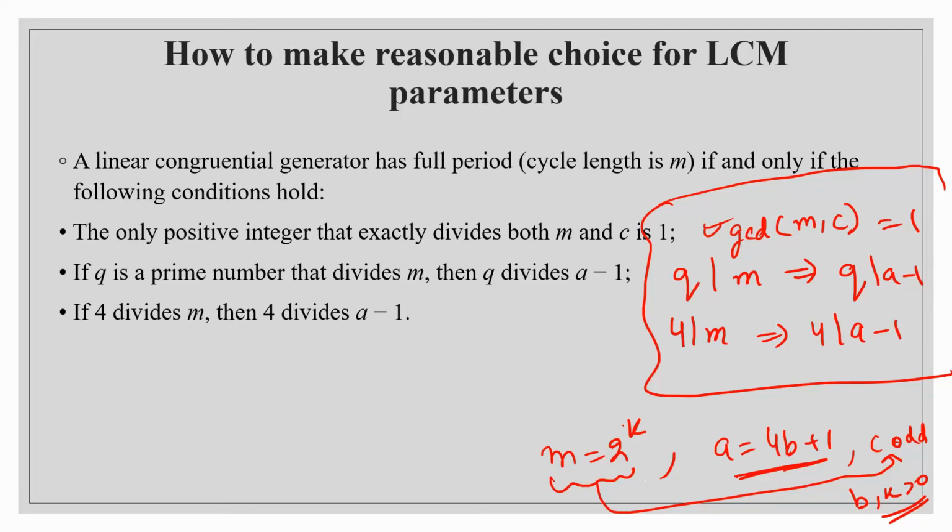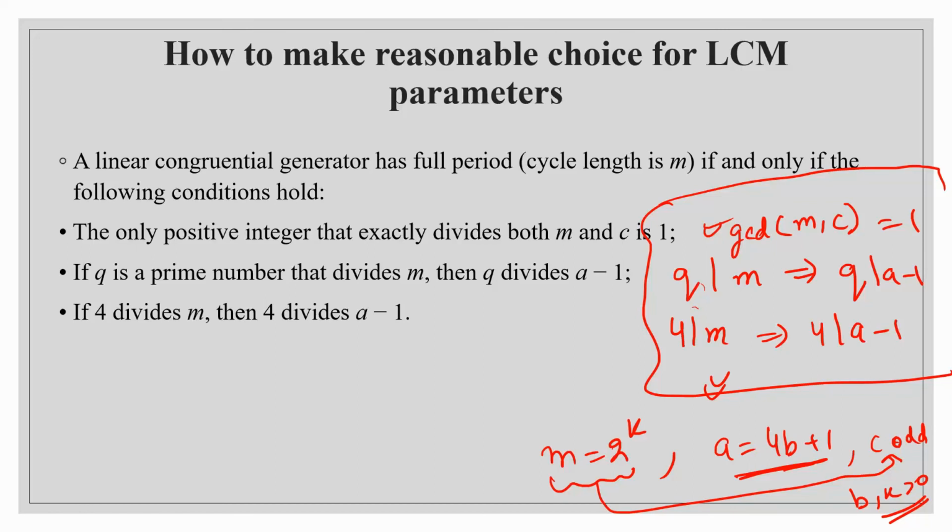Obviously k should be greater than or equal to 2, then 4 will also divide m, and for this setting this will also hold true. So Hull and Dobell gave this theorem that if these three conditions are satisfied, then the linear congruential generator will have full period.